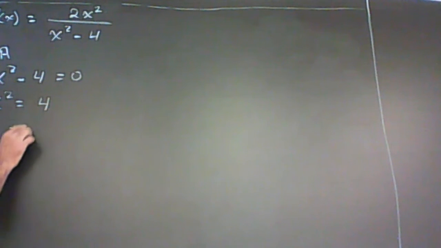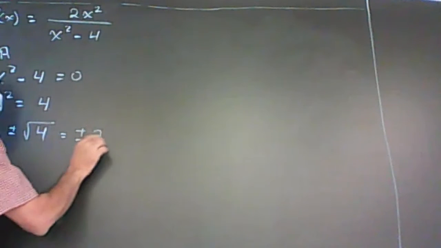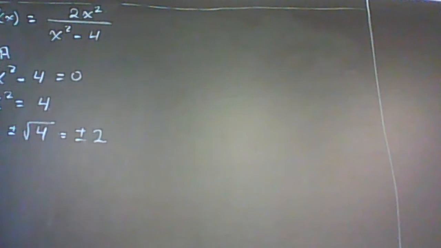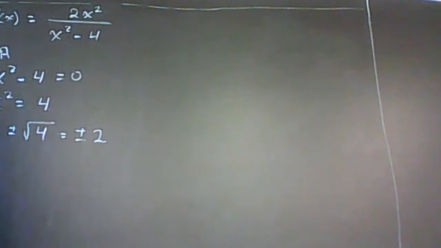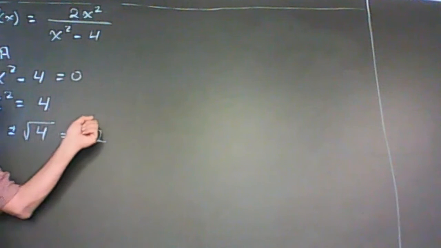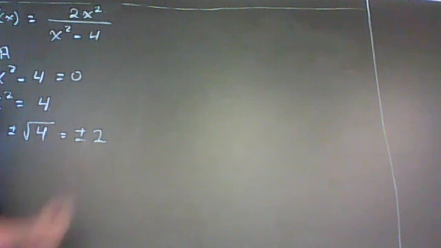So that's equal to plus or minus square root of 4, which is plus or minus 2. So that means this particular graph may have two asymptotes. The first asymptote would be plus 2. The second asymptote would be minus 2.